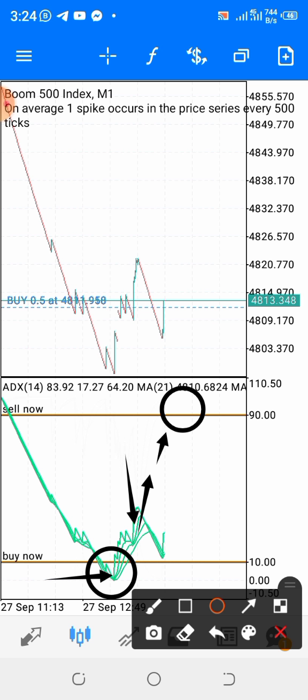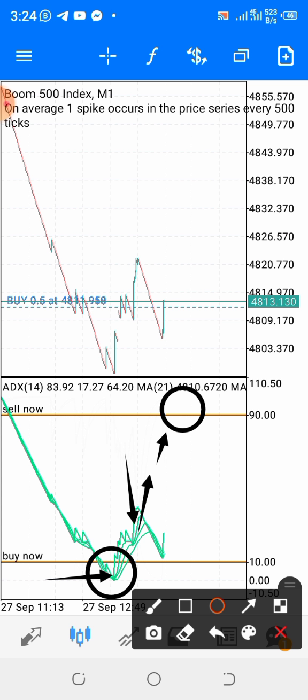Once it pushes these indicators to level 90, you take profit and wait for it to reverse back, touch level 10, enter level 10 again, then you enter again. That's how we trade this.